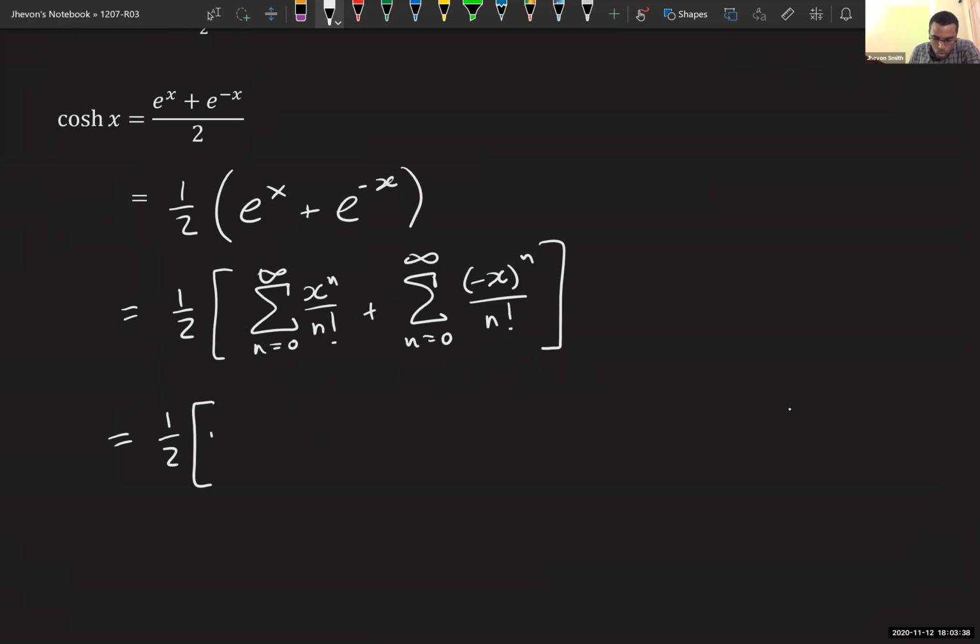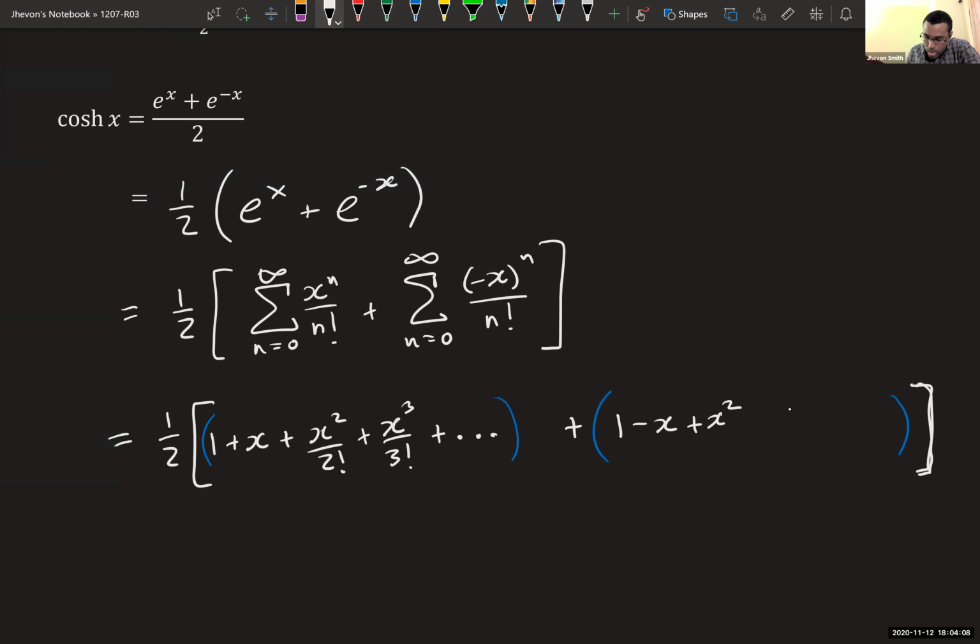So this one would be 1 plus x plus x squared over 2 factorial plus x cubed over 3 factorial plus dot dot dot, and that's what the first series looks like. The second series has an alternating sign. So it would start with 1, then minus x, then plus x squared over 2 factorial, minus x cubed over 3 factorial, plus x to the fourth over 4 factorial, minus dot dot dot.